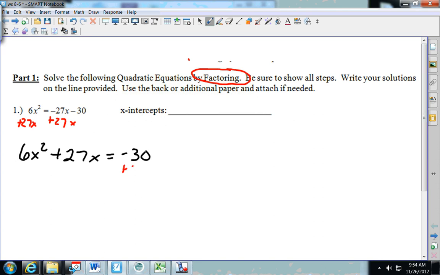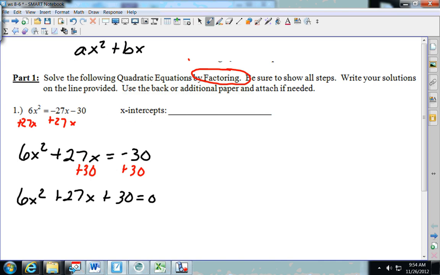I'm going to add 30 to each side. I get, I'll write it here, 6x squared plus 27x plus 30 equals 0. Remember, ax squared plus bx plus c equals 0.